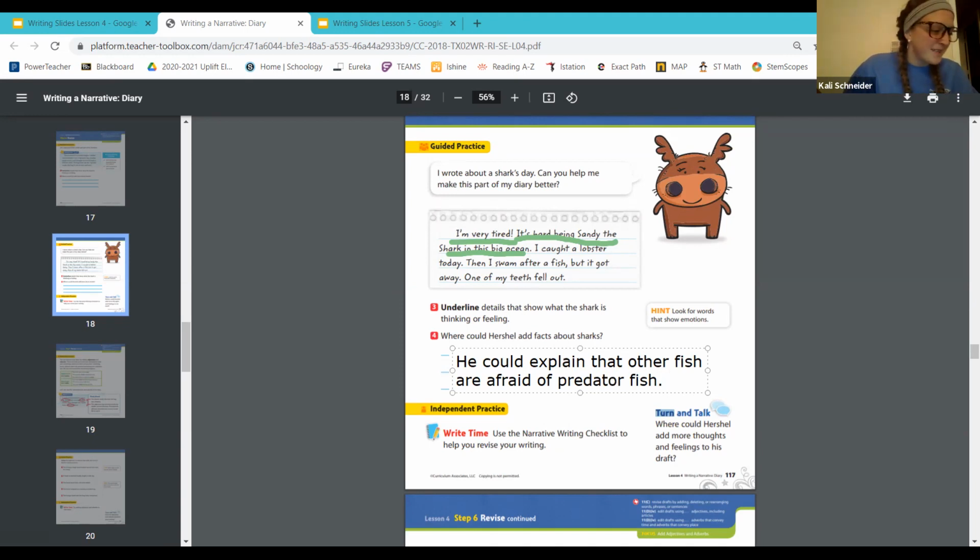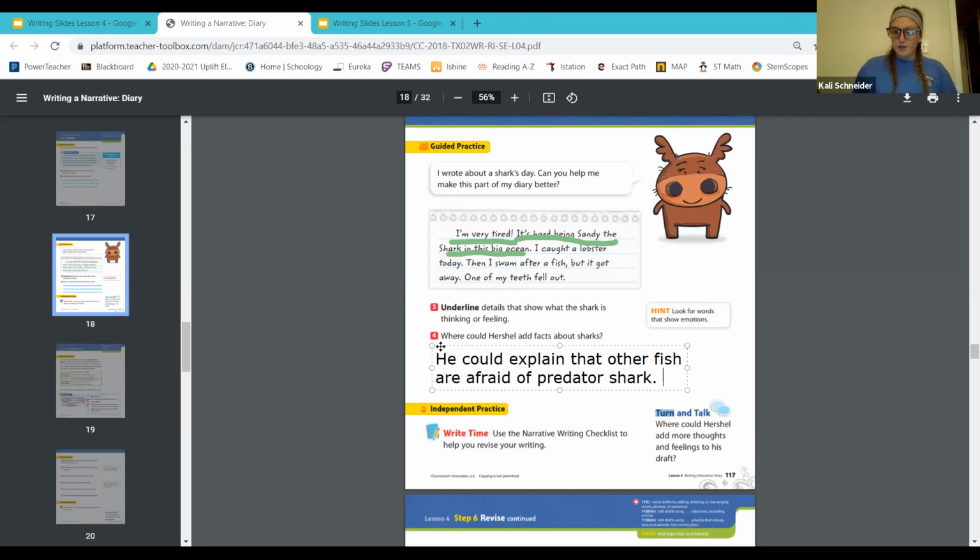There we go. Sorry, he's not a fish, a predator shark. My spelling, wow, Miss Schneider. I fixed it though, so that's what's important. I understood I made a mistake. I fixed it. So he could explain that other fish are afraid of predator sharks.